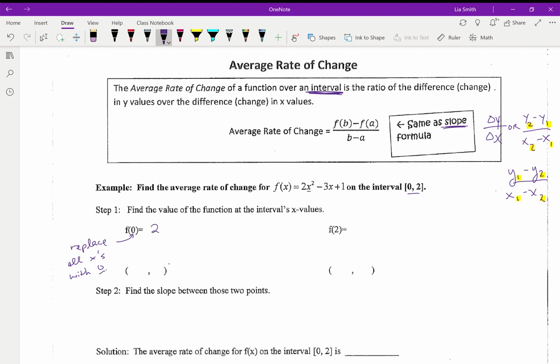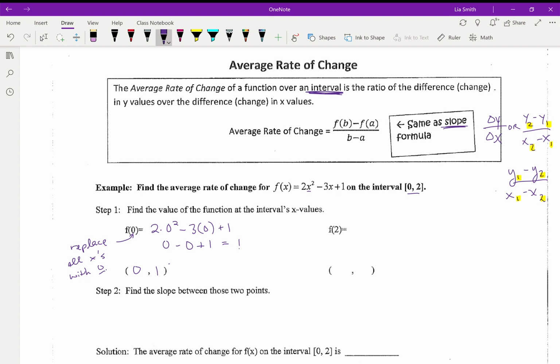So I get 2 times 0 squared minus 3 times 0 plus 1. Then I'm going to use my calculator or do this in your head because 0 squared is 0, 0 times 2 is 0, 3 times 0 is 0, and then plus 1. 0 minus 0 plus 1 equals 1. So that coordinate point, if we were to graph it, would be the x value is 0, where the y value is 1.